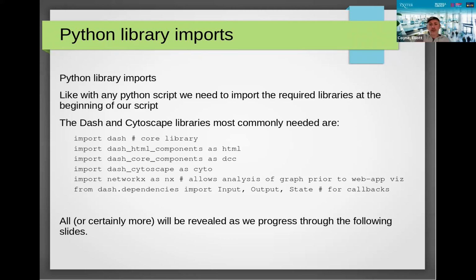And then we're also going to be pulling in NetworkX as well. And then because we are going to have callbacks, so callbacks are interactivity between sliders, drop downs, and the graph, we then have to pull in this additional library, dash dependencies, and from that we're going to get input, output, and state. But I will be explaining a bit more about those shortly.